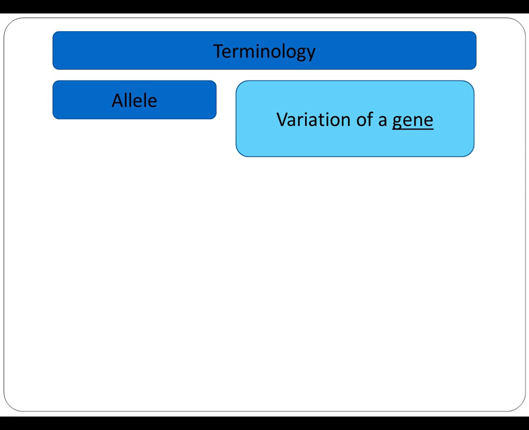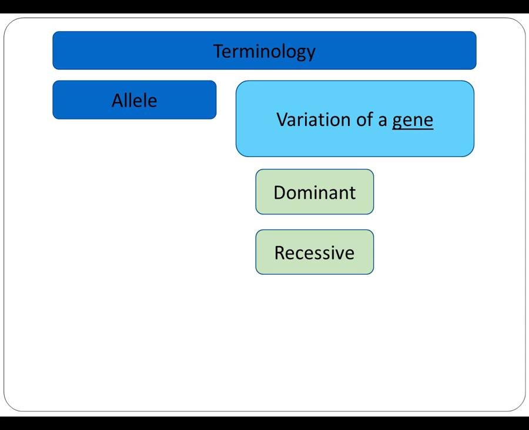Just to recap for you, some terminology that we covered on Thursday. We talked about an allele, and if you remember, we said that's just basically a what? Different variations of a gene. Okay. We also identified the difference between a dominant versus a recessive.